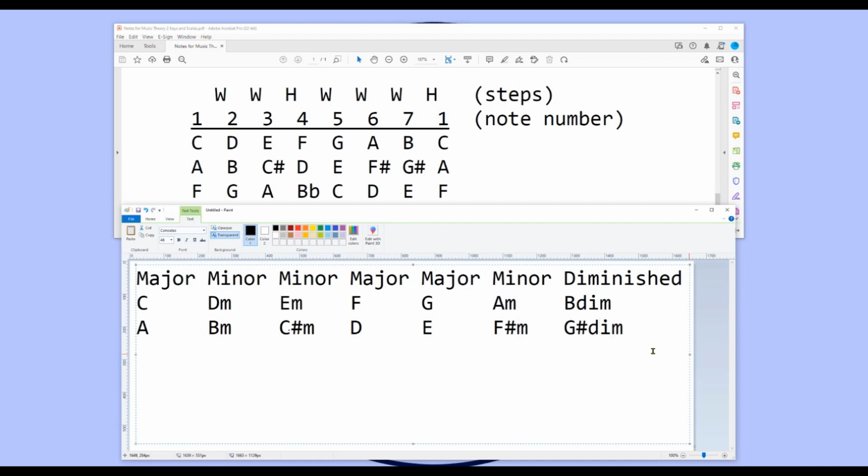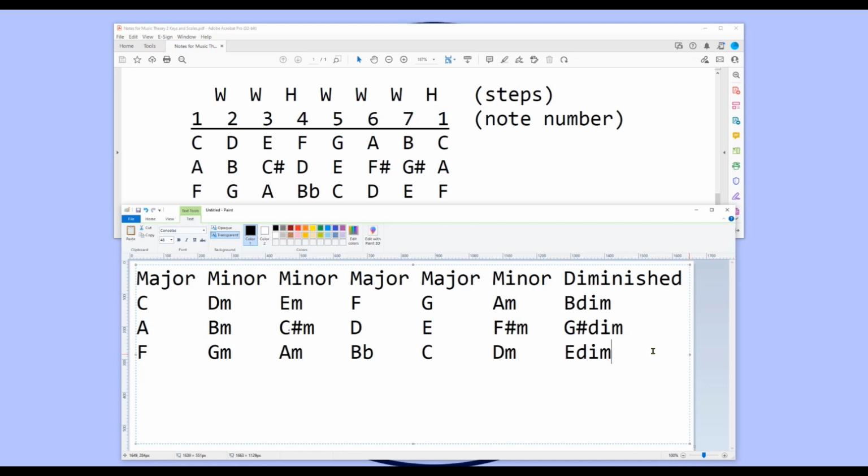Those are the chords. Okay. In the key of F, F major, G minor, A minor, B flat, C, D minor, E diminished. Okay, so those are examples.